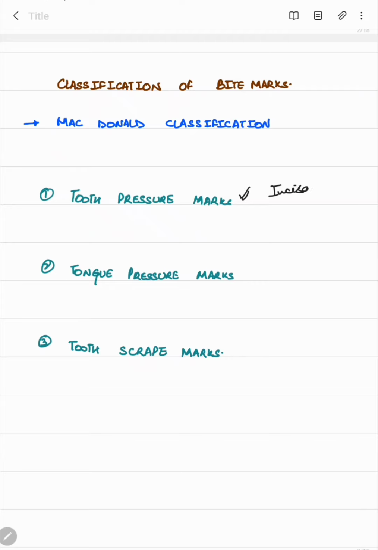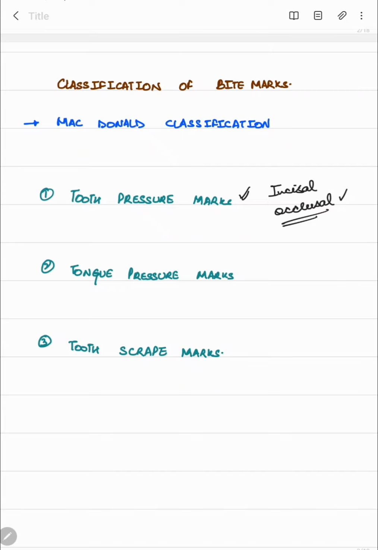The marks are produced on the tissue as a result of direct application of the pressure of the teeth, right?